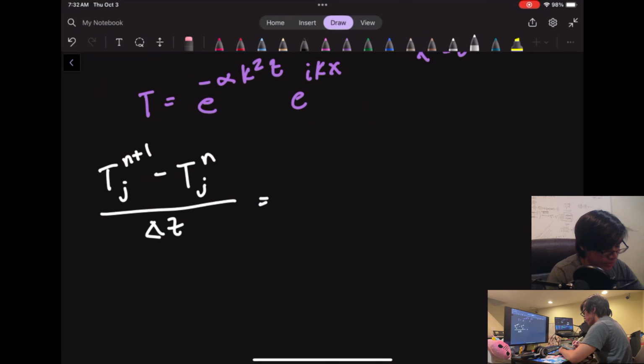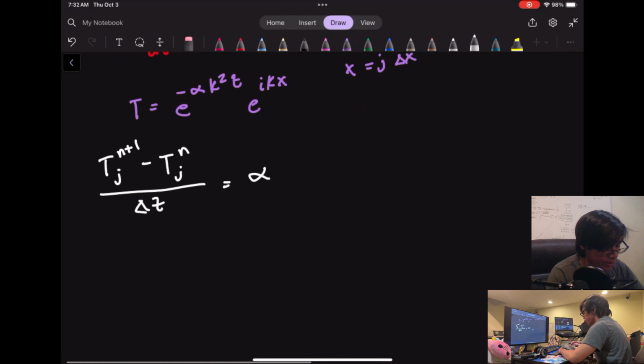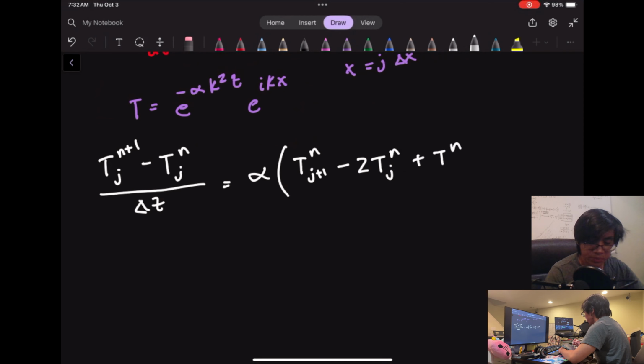And this was equal to our thermal diffusivity. Then we had all of this at the current time, but we had the position to the right, minus 2 times the position at our current position, and adding onto that, again at the same time, the position to the left.